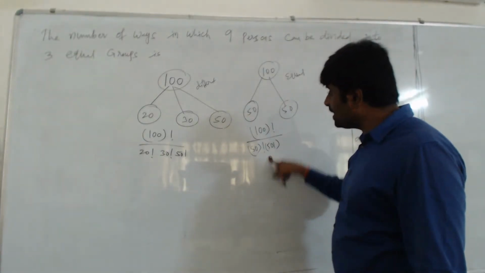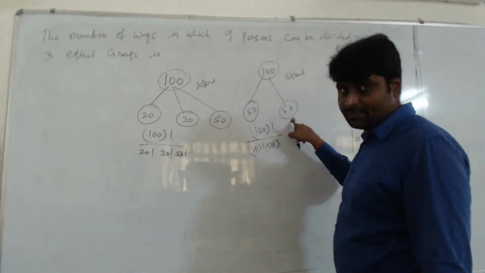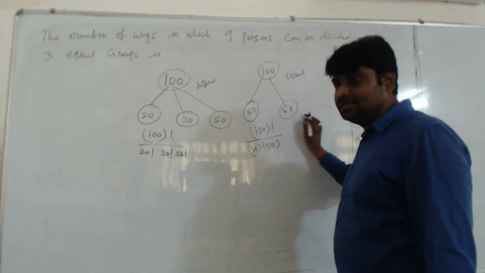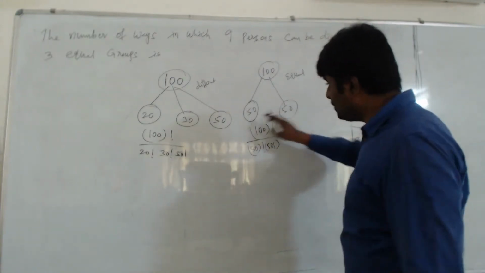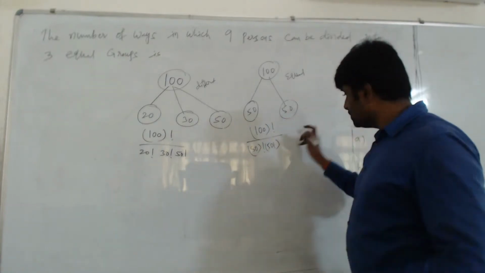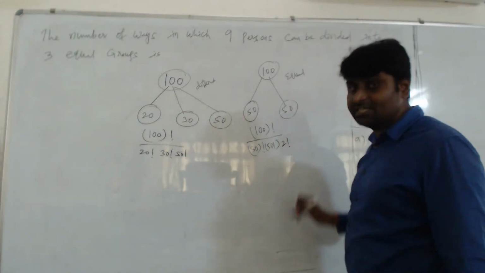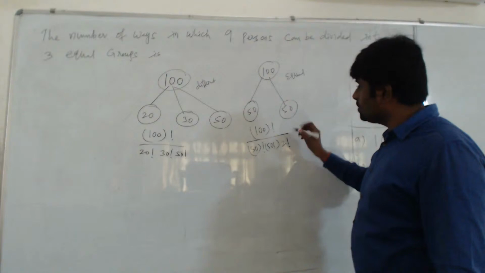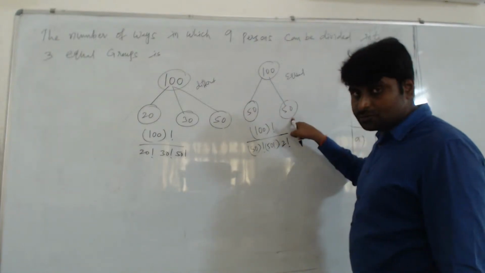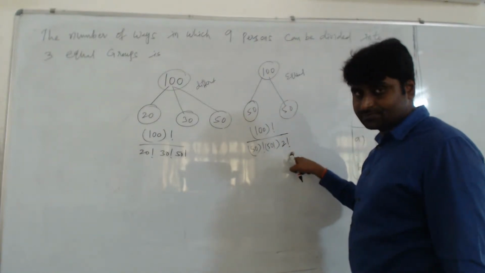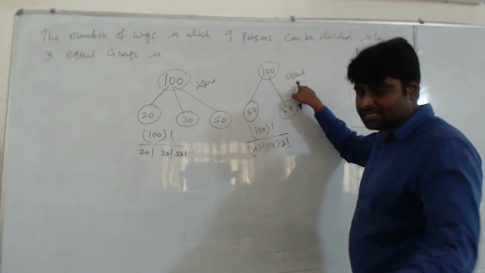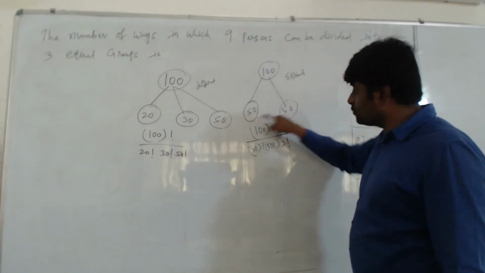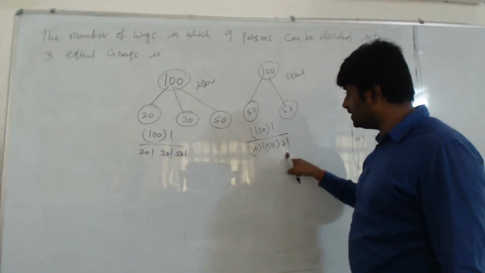So whenever there is an equal share, that factorial will be written. How many equal shares do we have? Two. That 2 factorial will be mentioned in the denominator. Okay, so the number of equal groups factorial will be written down. When you have equal shares, equal parts, equal groups, the number of equal groups, that number factorial will be written down.